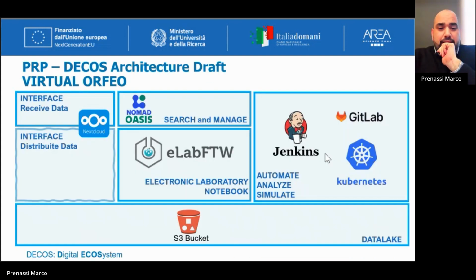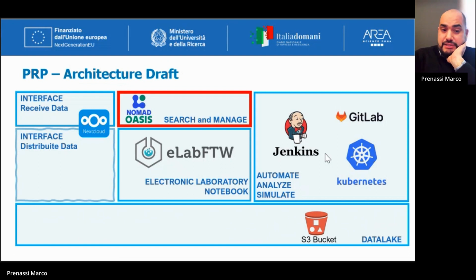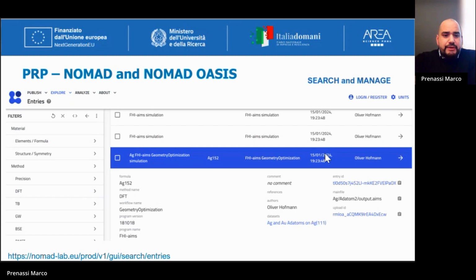Then the second system is search and manage. This is based on the Nomad Oasis. Nomad is a system used in material science. It is a real database of research data with all the metadata, so we can search and manage our data.